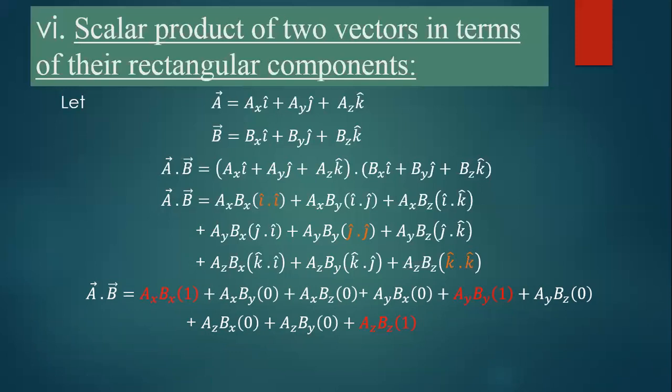Finally, the scalar product of two vectors in terms of their rectangular components is equal to AX BX plus AY BY plus AZ BZ. So this is the scalar product of two vectors in terms of their rectangular components.